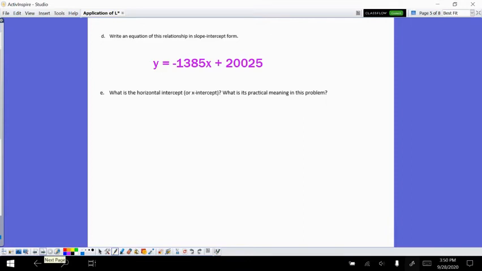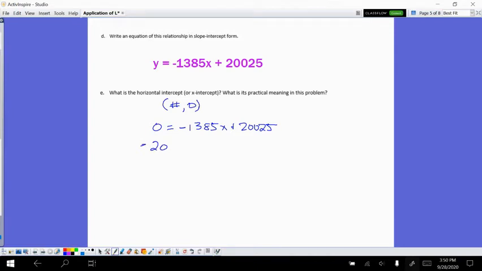I did it here so that we could answer our last question, which is about the x-intercept and its practical meaning in this problem. If we're talking x-intercept, that means we're looking for an x value when y is 0. So we're going to make the left side of the equation 0. And then we're going to solve for x, or for n, however you wrote that.